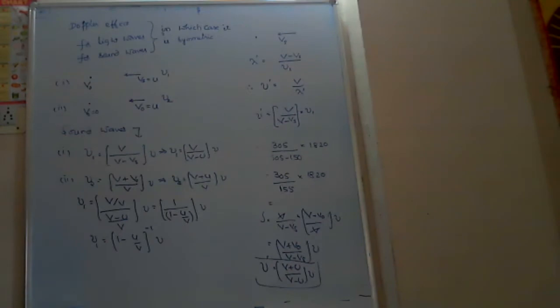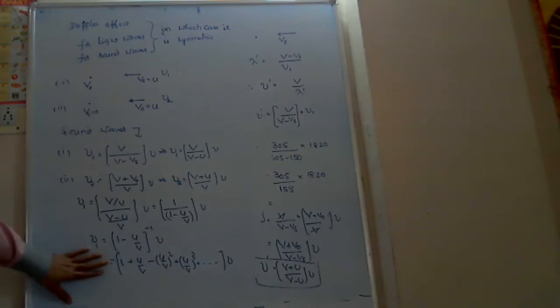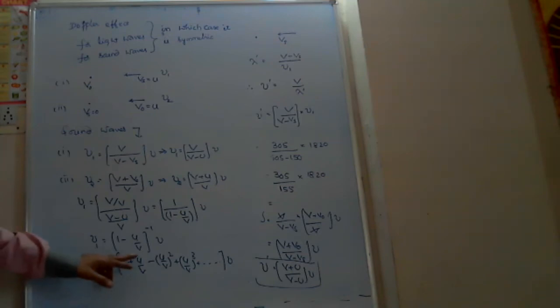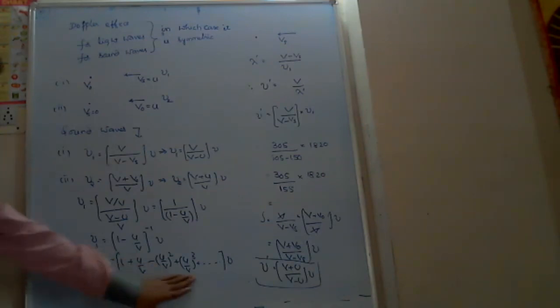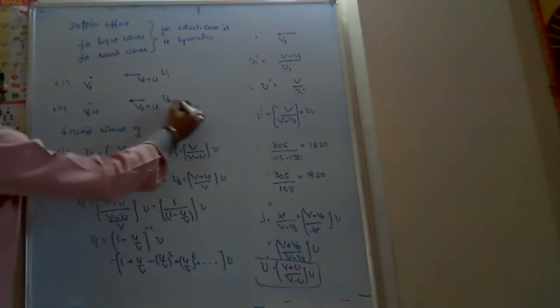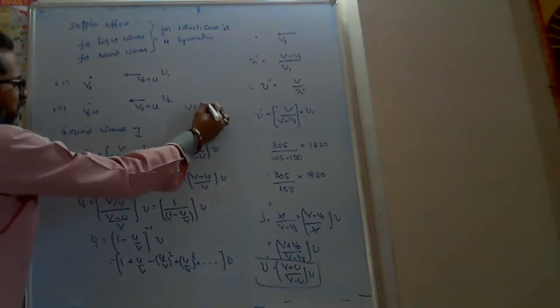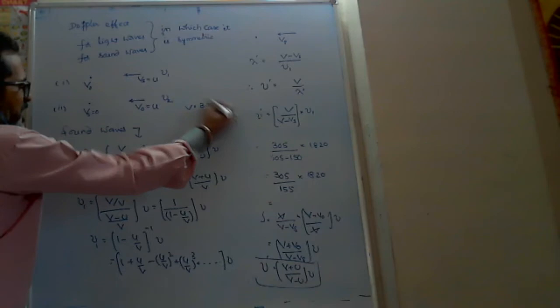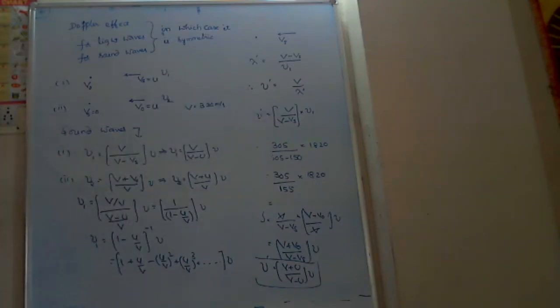If you apply the binomial expansion, provided U is much less than V, you can neglect the higher order terms. But when you come to sound, velocity of sound is just 330 or 340 meters per second, very less.